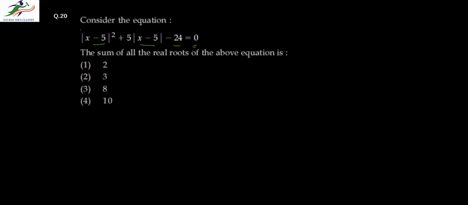So we know that if modulus of a is given, then there are two possibilities. Either a is greater than or equal to 0, in which case modulus of a is equal to plus a, or a is less than 0, in which case modulus of a becomes minus a. So this is well known, and we'll apply it here as well.